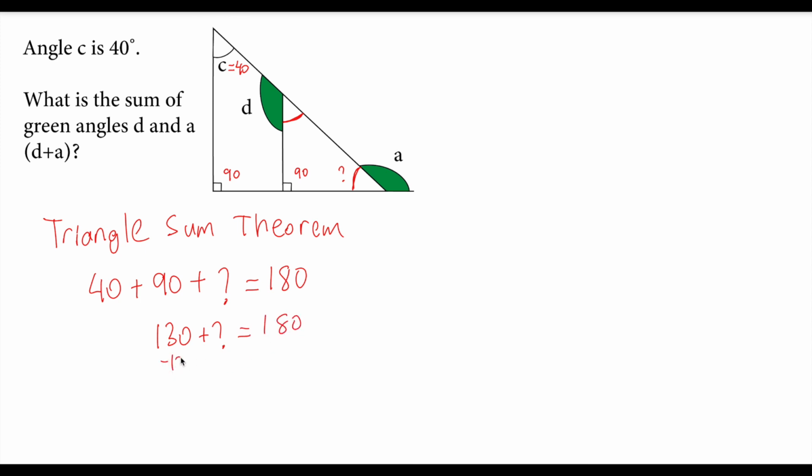And if you subtract 130 from both sides, the question mark will be 50 degrees. So if this is 50 degrees, we can write 50 degrees here, and I will use another rule to find the A.